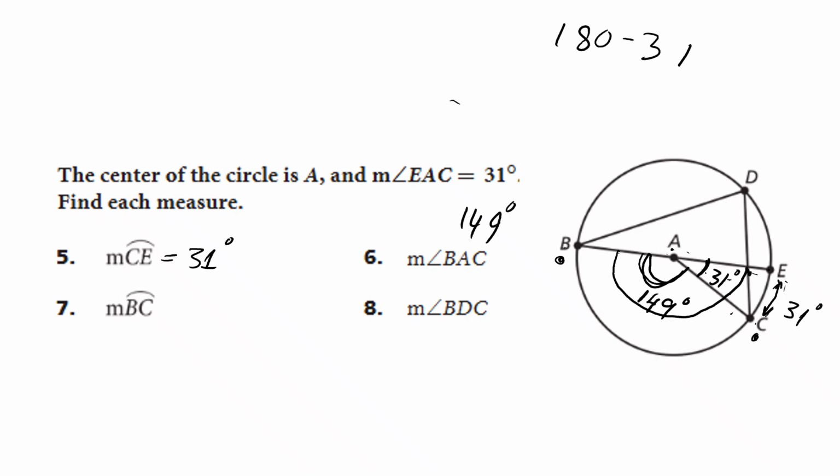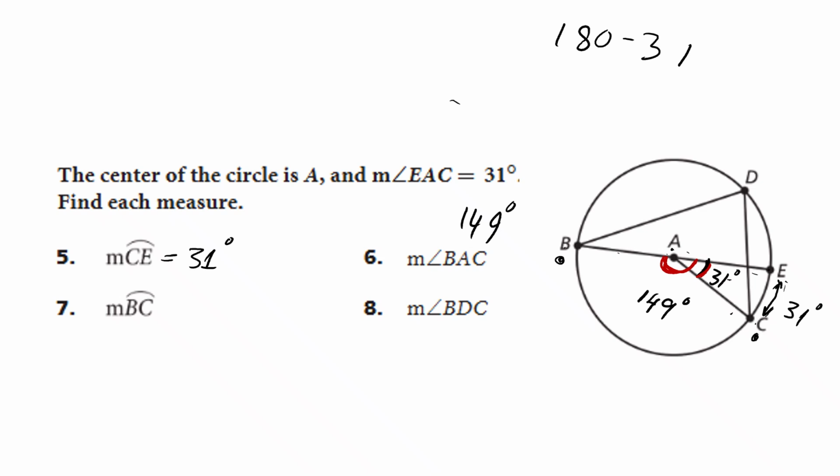I hope that you understood. One more time, try to understand that this whole angle, yani the angle from here to here, it is a straight angle, that is 180 degree, right? Now, the half of this part is 31 degree. So, 180 minus 31 will give us 149 degree. So, this is the measurement of angle BAC.